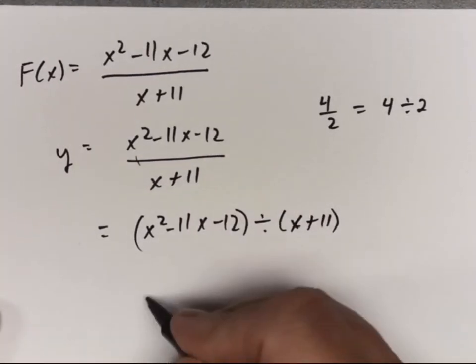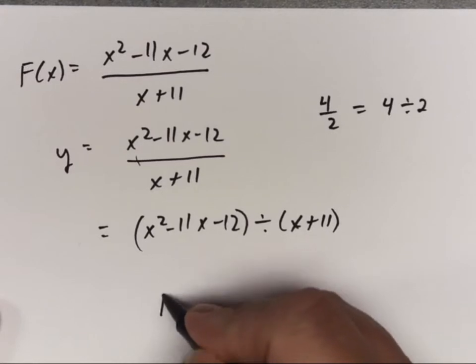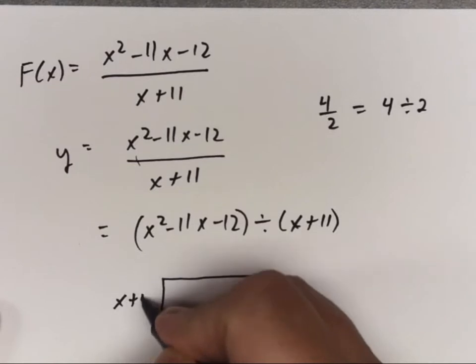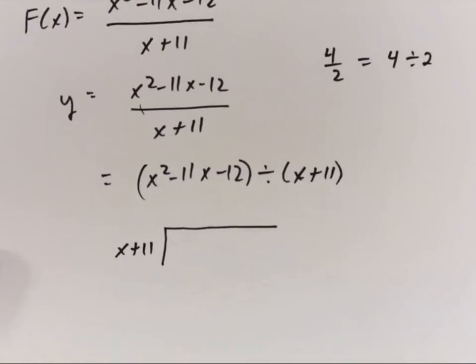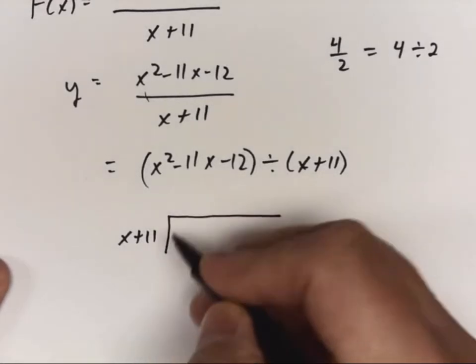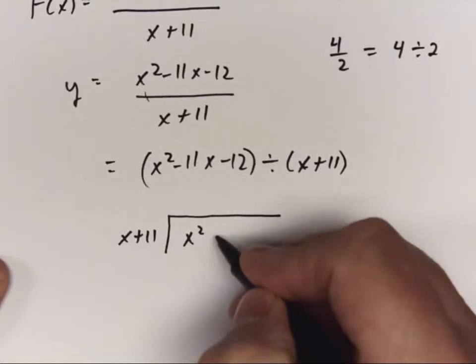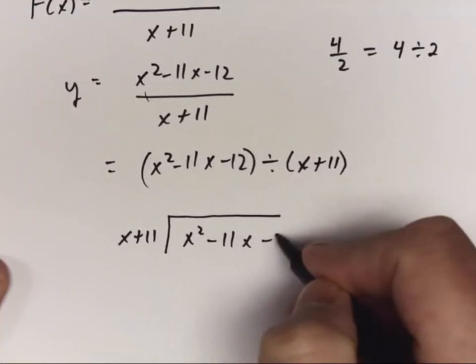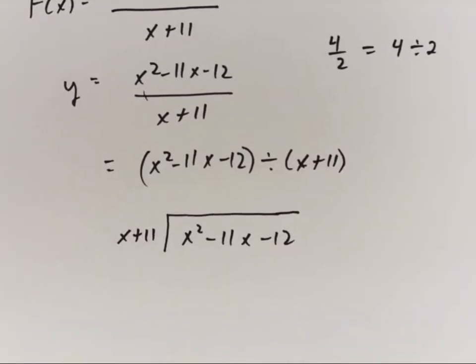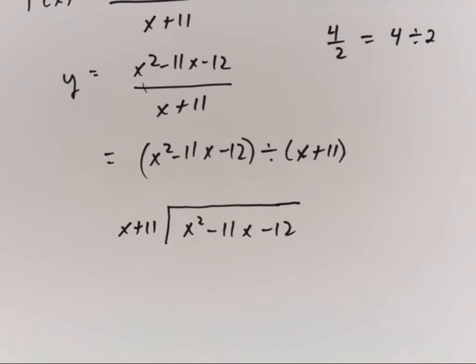Matter of fact, we're going to do a really old-fashioned division problem, sort of like a long division. So we're dividing by x plus 11, so inside goes x squared minus 11x minus 12. This is a little different, but it's sort of like when you divided numbers, long division years ago.